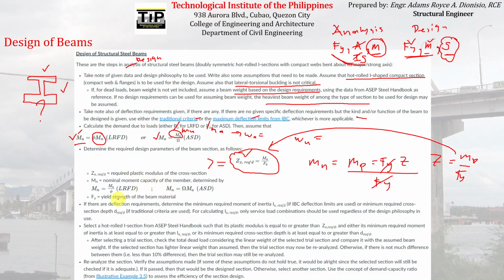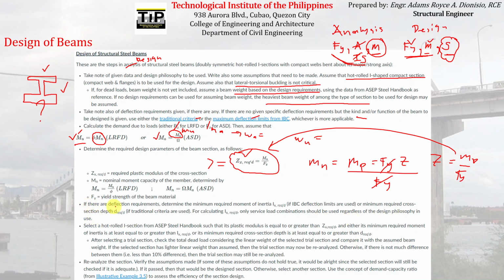Okay. If there are deflection requirements, determine the minimum required moment of inertia, Ix required, if IBC deflection limits are used, or minimum required cross-section depth, D required, if traditional criteria are used. For calculating Ix, only service load combination should be used regardless of the design philosophy in use.